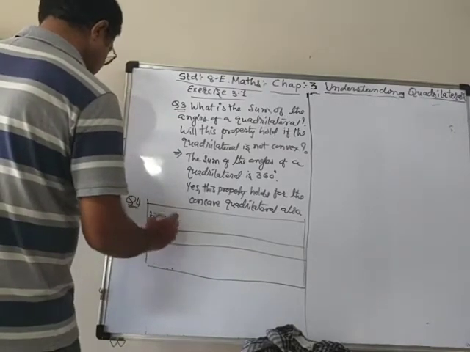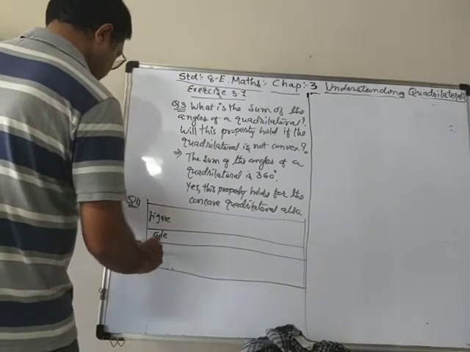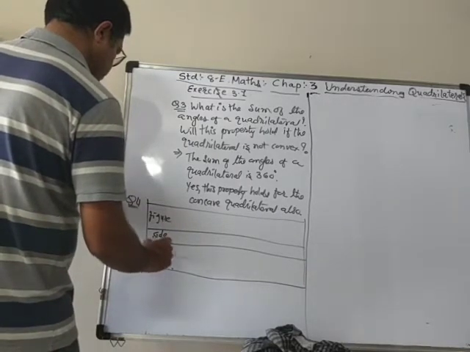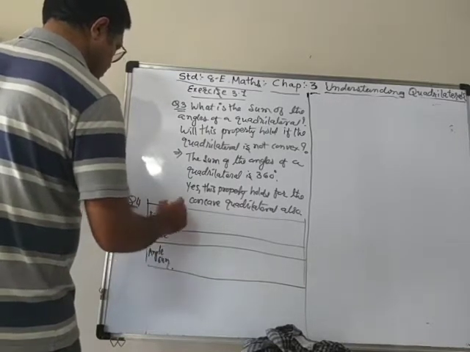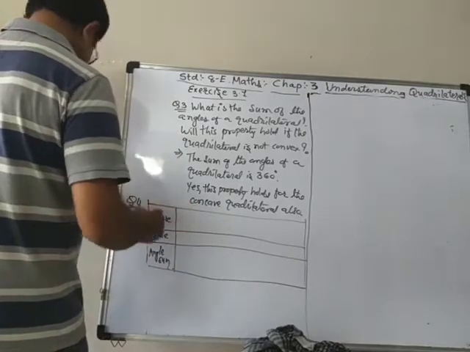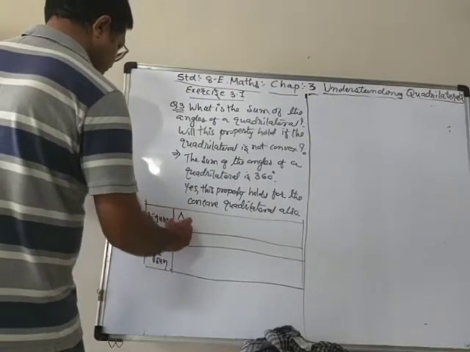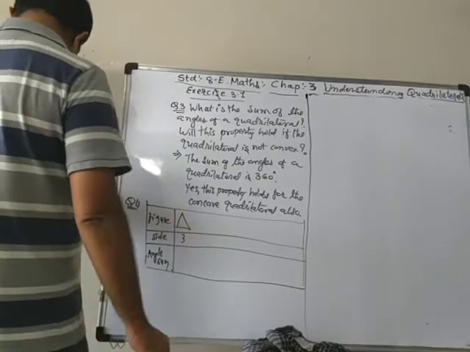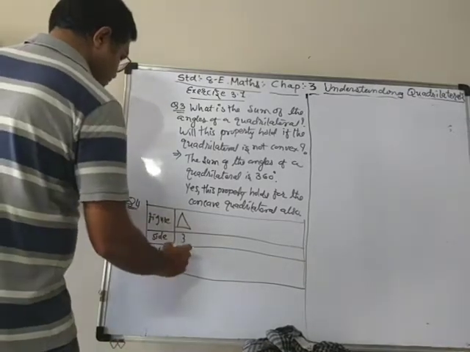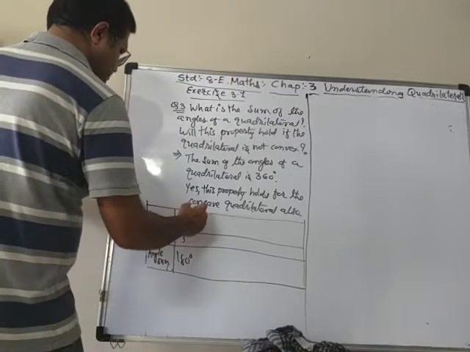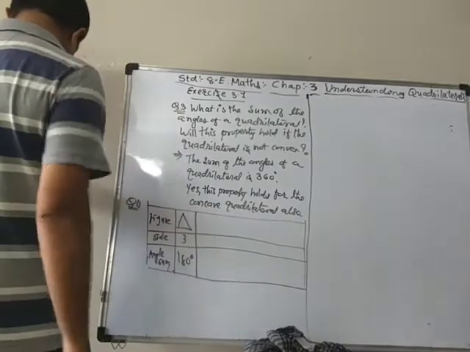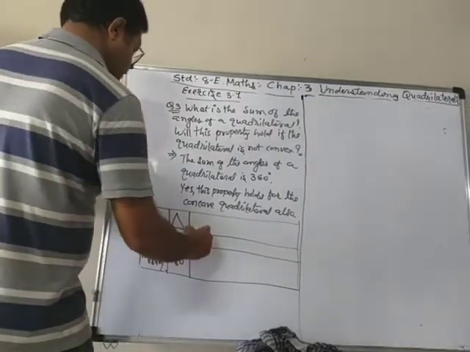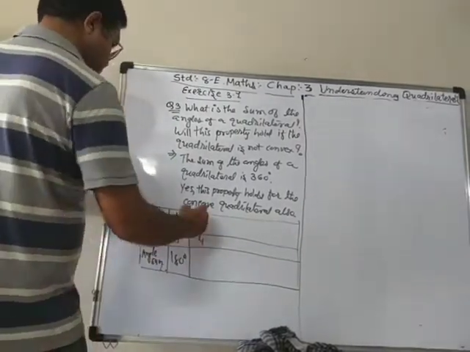Side and angle sum. First figure is a triangle. The sides are 3 and its angle sum is 180 degrees.